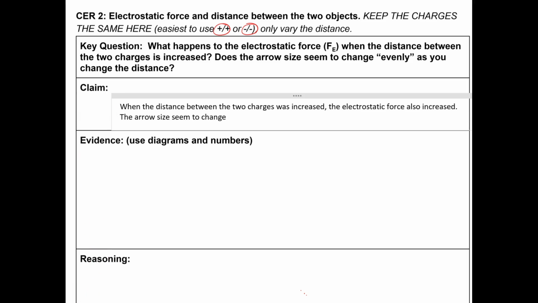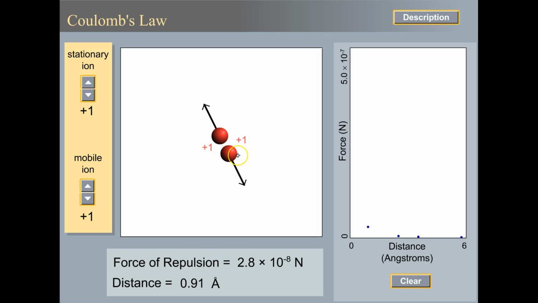Let's go ahead and take a look back again at what happened. All right, so let's start back at 2.5. Let me see if I can get it to 2.5. Almost. Okay, so at 2.5, that's what our arrow size looks like, and the force of repulsion, once again, is 3.7. Now, if I go to 3.5, and then I'm going to go to 1.5.